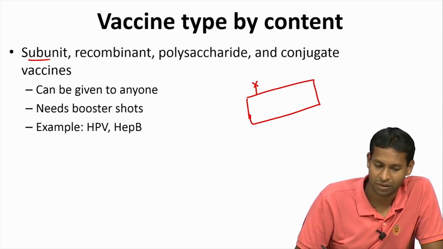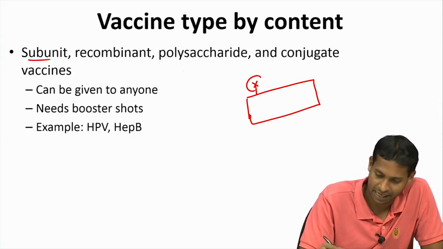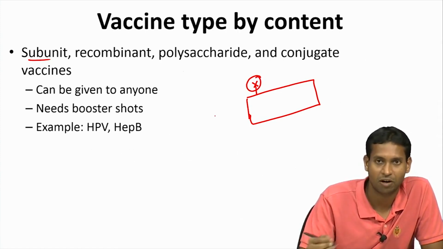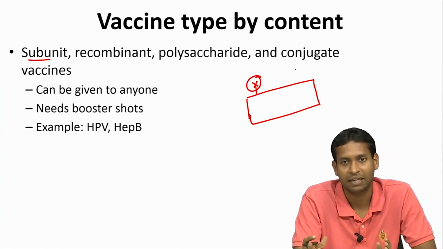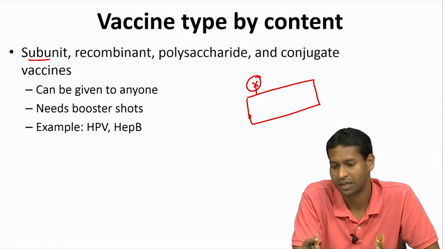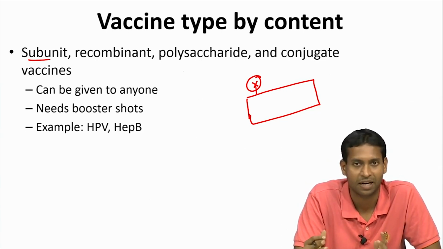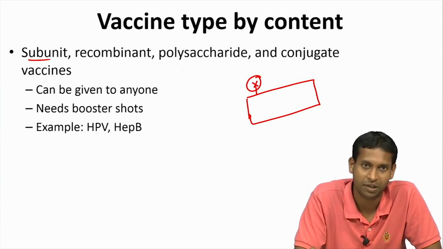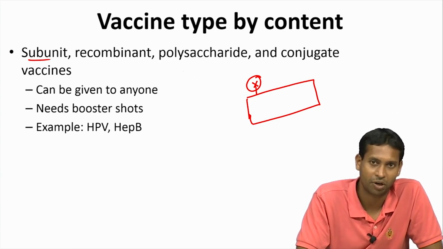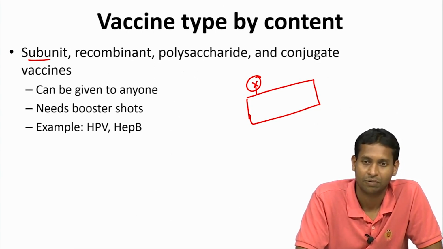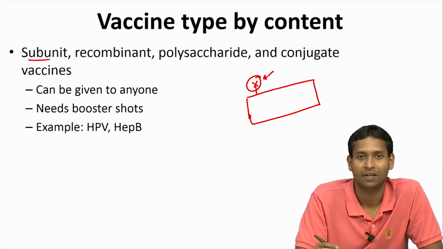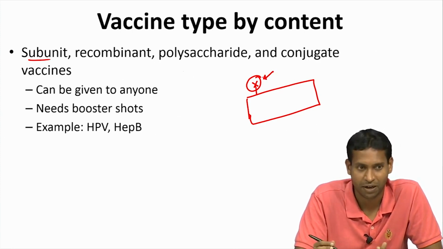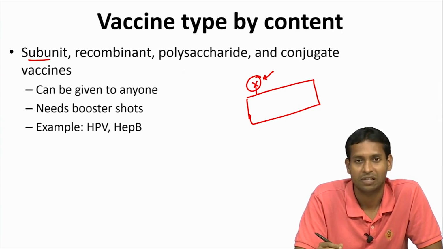So what you can do is take this X and produce it recombinantly, which means you produce it in mass quantity using some other bacteria. You generate grams and grams of this, then you take this protein and inject it back in the body. The body sees this protein X, which it identifies as foreign because it is not a part of the mammalian system, so it will generate an immune response.